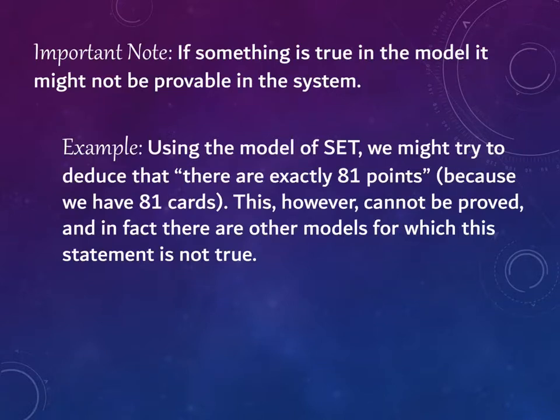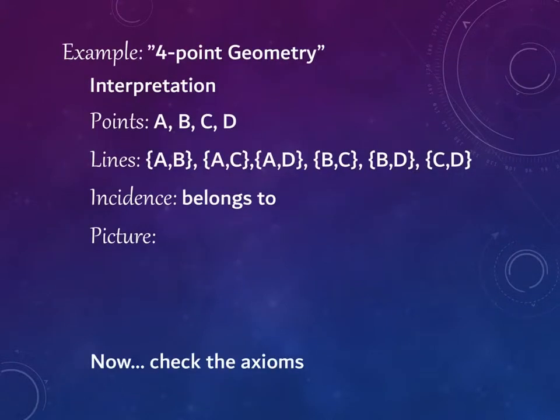So not only is it not going to have 81 points, it's actually only going to have 4. Now that's different, right? Okay, so this is called 4-point geometry.